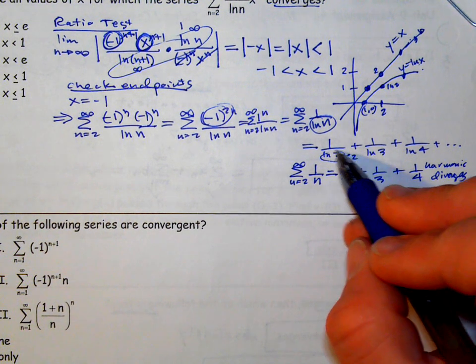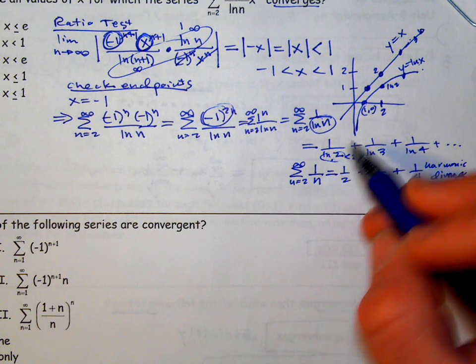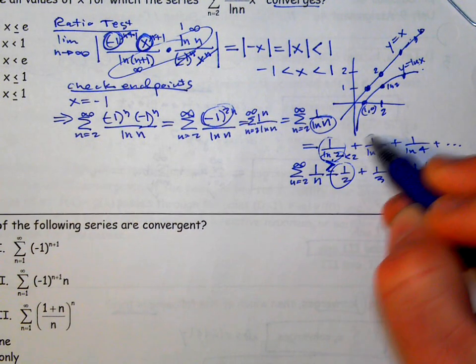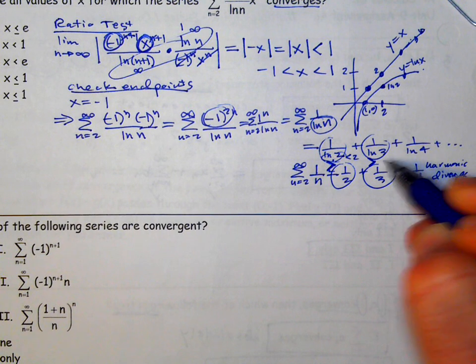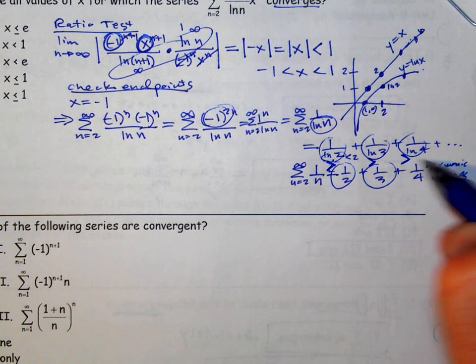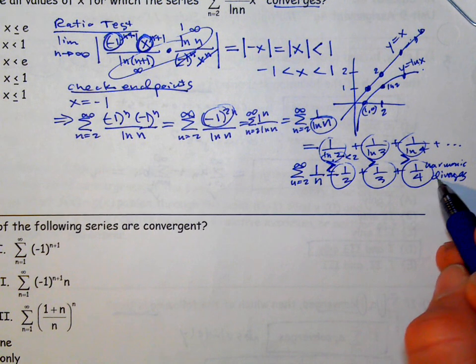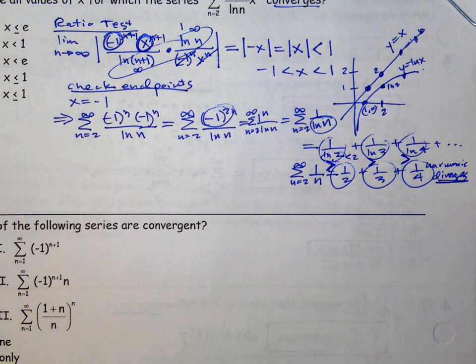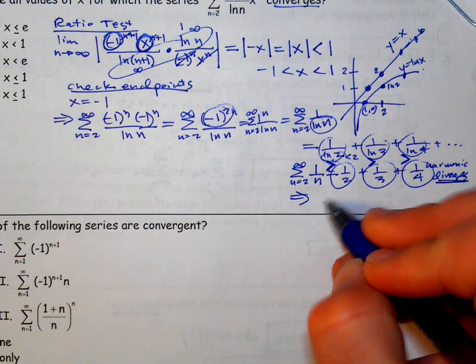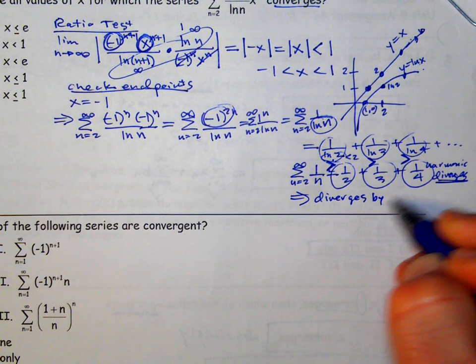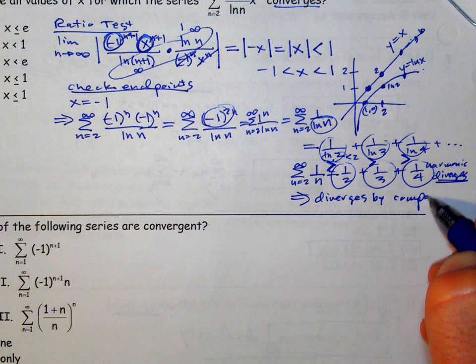But that smaller denominator means this term is bigger than this term, this term is bigger than this term, and this term is bigger than this term. So all our terms are bigger than the terms of a series that diverges. So ours diverges by the comparison test.